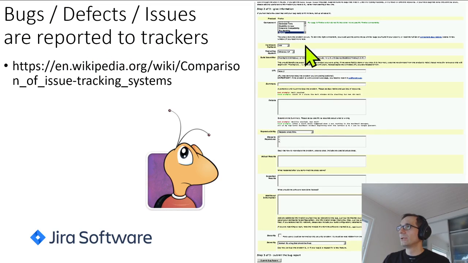And the reporting is typically done by filling out the fields that collect information about the defect. You enter the defect title, you enter the description, you maybe enter the actual results and expected result, maybe add some screenshots and so on. And then you report it maybe to Jira or maybe to Bugzilla.